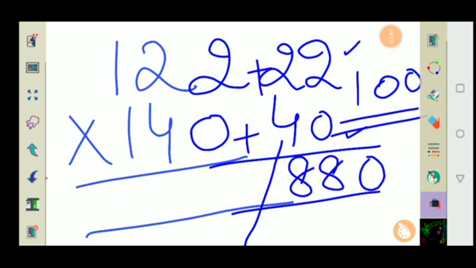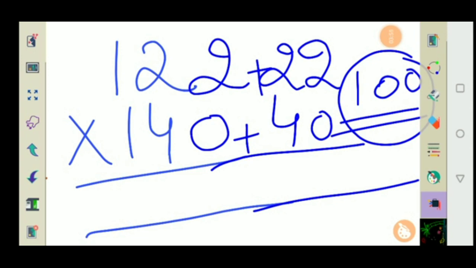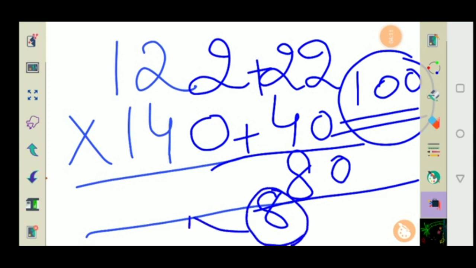But this is not the case here because our base is having how many zeros? There are 2 zeros in the base 100. So we will be taking just 2 digits. Just see, 22 multiplied by 40 becomes 880. But I will be writing 8 here as a prefix, and this 8 will be added to the number we will be getting. Now again listen, the base was 100. There are 2 zeros in the base 100.